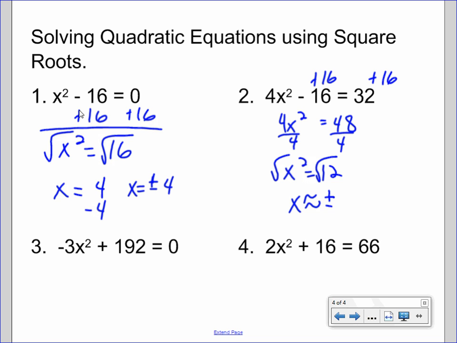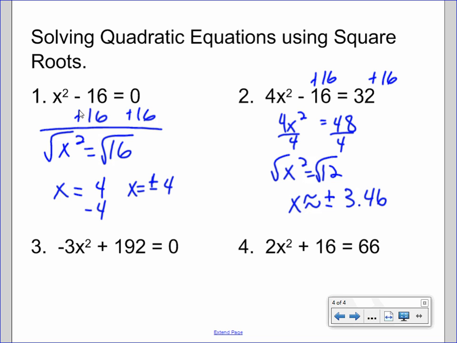You'd use a calculator to figure out the square root of 12, and we're going to use the decimal approximation of that answer, so approximately 3.46. We are going to learn a different method, but not right now. If you want to take a try at the next two, pause the video and come back and see how you did.